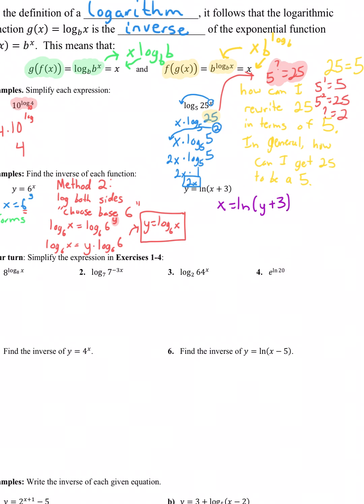I have the logarithm isolated on one side of the equation, so I can go ahead and change forms, or I can take a base of both sides. In this case, I'll just show you the base e of both sides method. And I'm choosing base e because a natural log is a log base e. So I get e to the x equals y plus 3 times e to the natural log, which is just going to become a 1 right here.